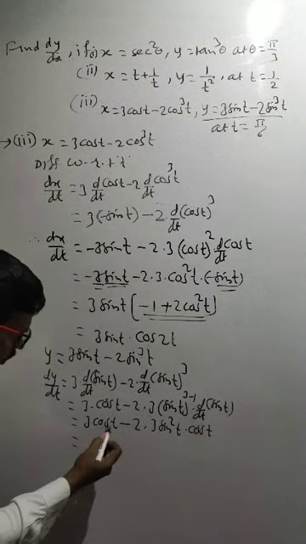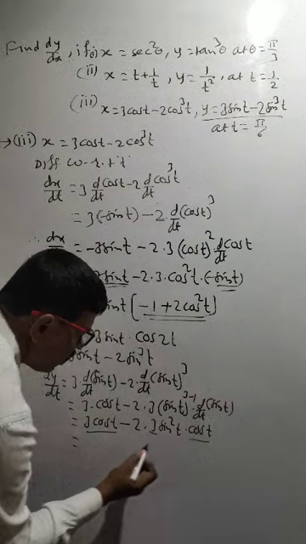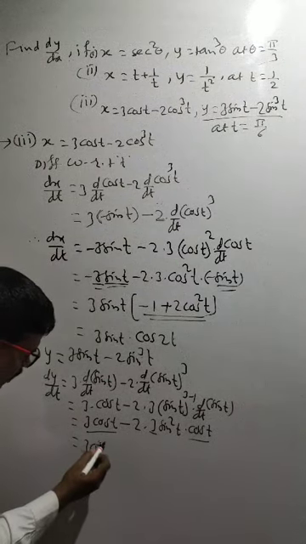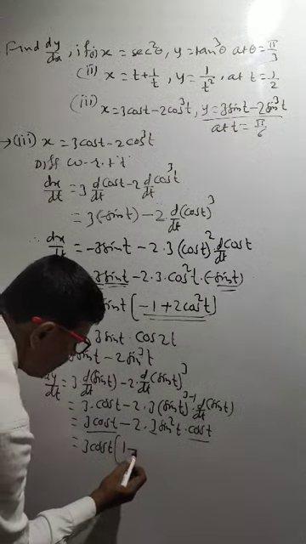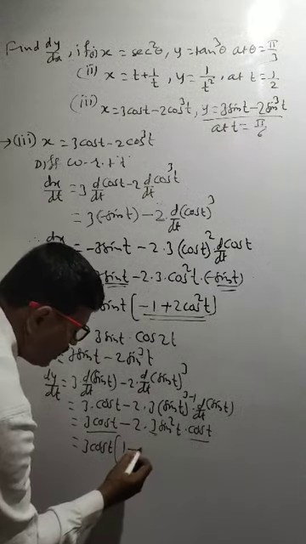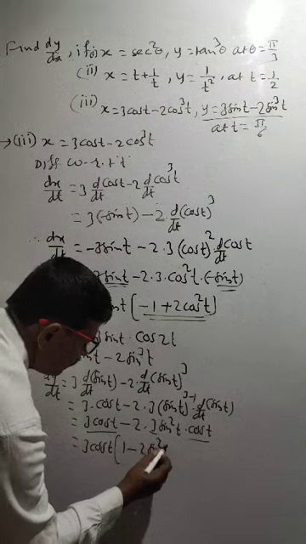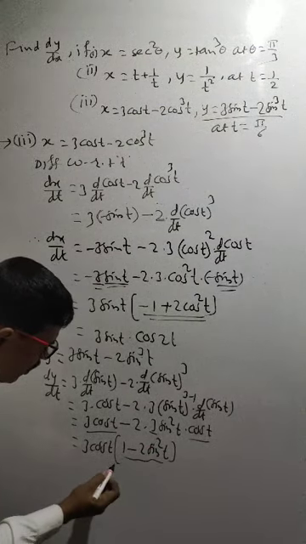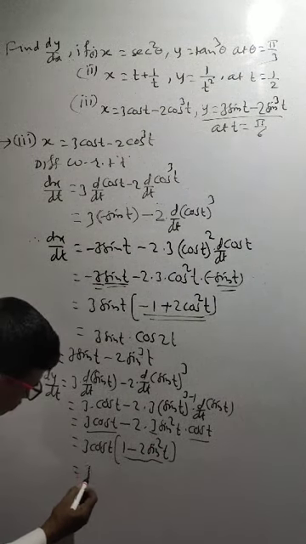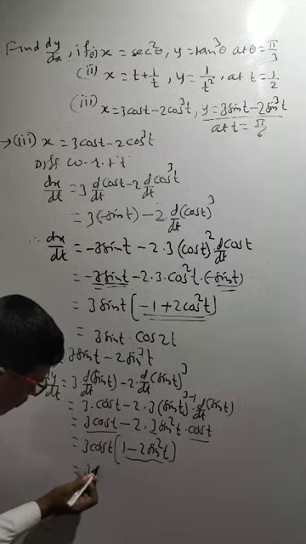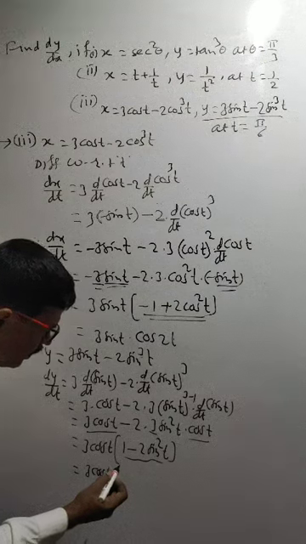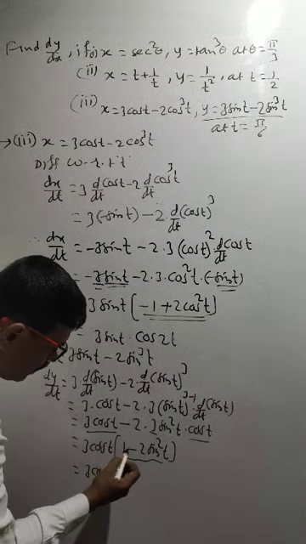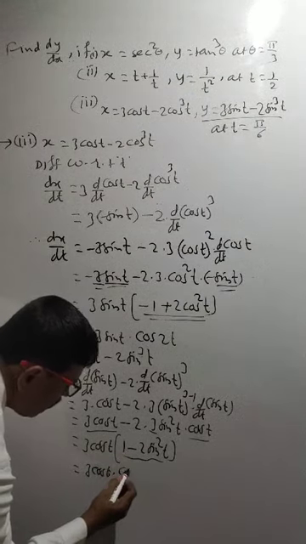Take 3 cos t common, 3 cos t into bracket 1 minus 2 sin square t. Use the formula 1 minus 2 sin square theta equal to cos 2 theta. So 1 minus 2 sin square t equals cos 2t.